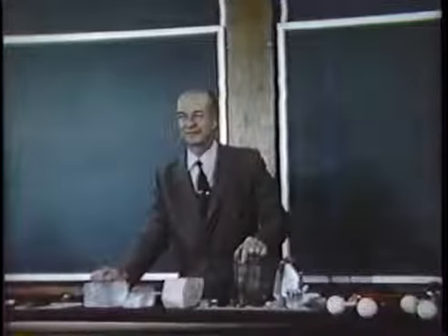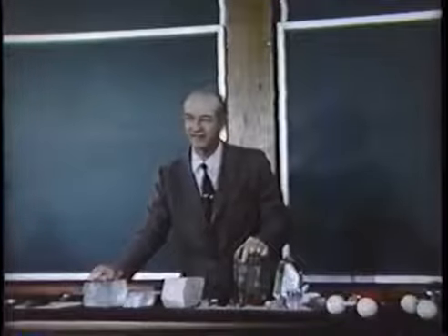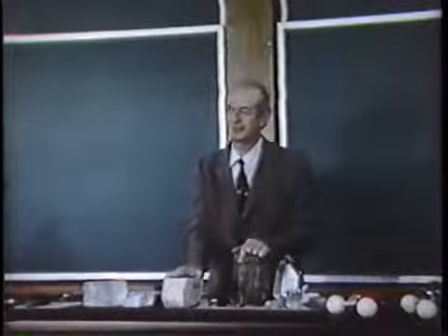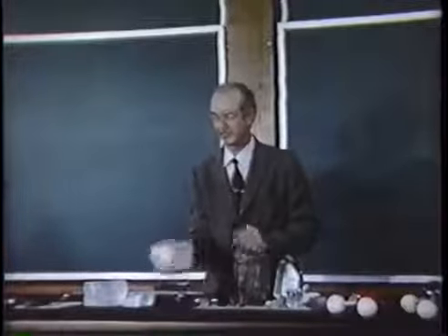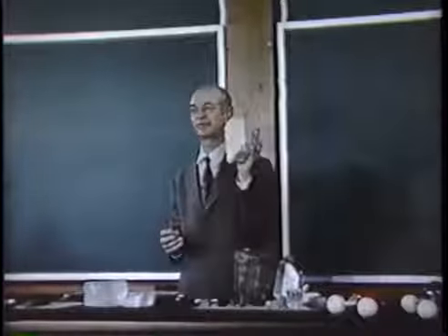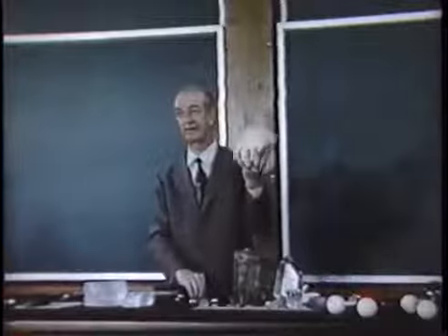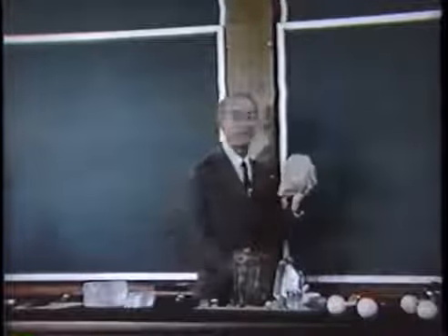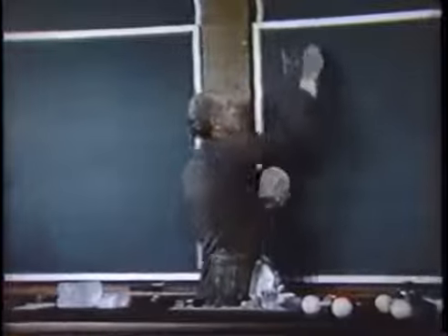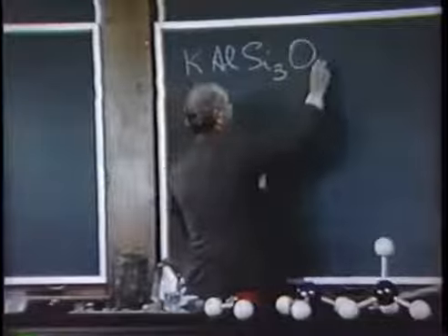Another interesting example of correlation between structure and properties that we now understand essentially completely is provided by the silicate minerals. Here I have a natural crystal of feldspar, orthoclase feldspar. The formula of this feldspar is KAlSi3O8.